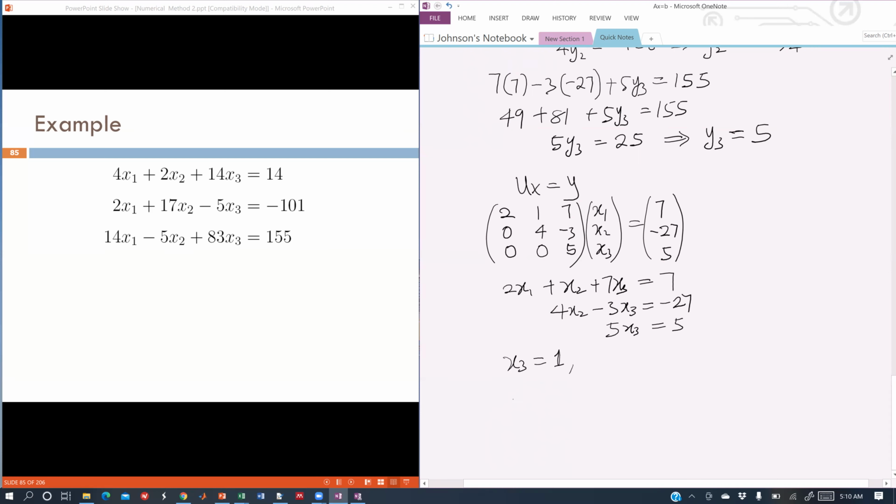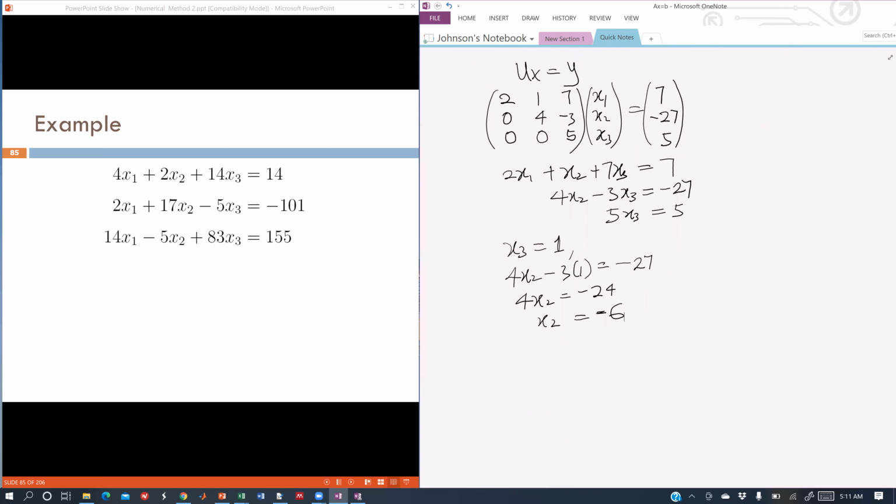And if x3 is 1, then we go into the second equation and get 4x2 minus 3 into 1 is equal to minus 27. Taking negative 3 to that side, it becomes positive 3, and that reduces it to negative 24. So we're going to have 4x2 is equal to negative 24, and that implies my x2 is negative 6.